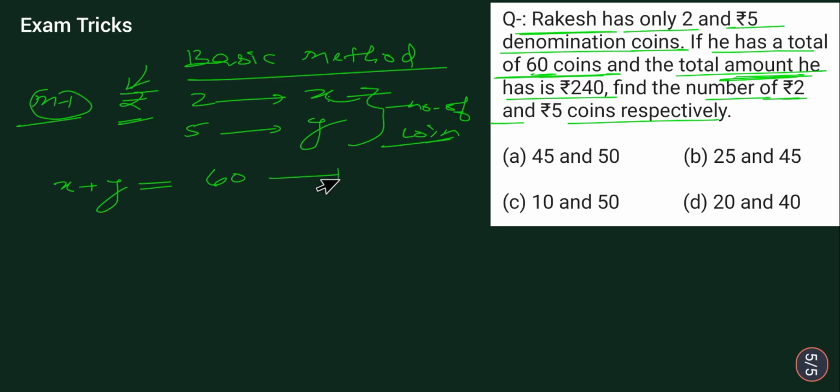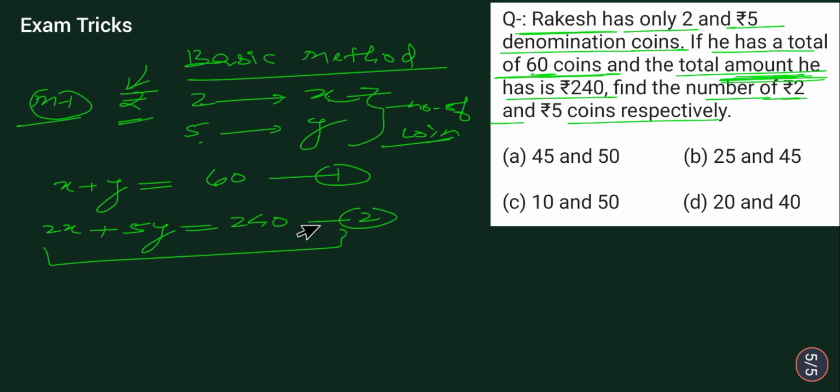So this is equation number 1. And the total amount given is 240. So the total amount would be 2 into x, that is 2x, plus 5 into y, that is 5y, and it is given in the question 240. This is equation number 2.